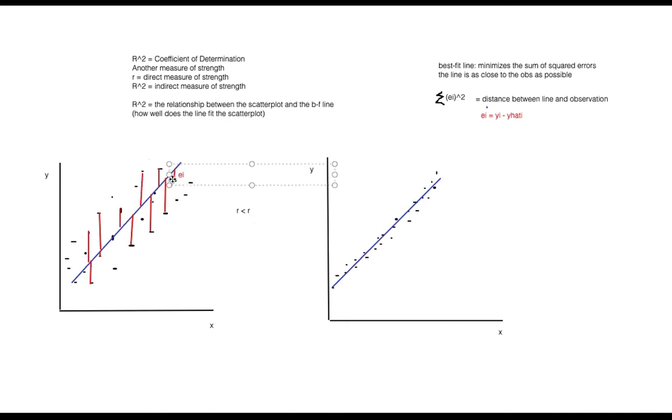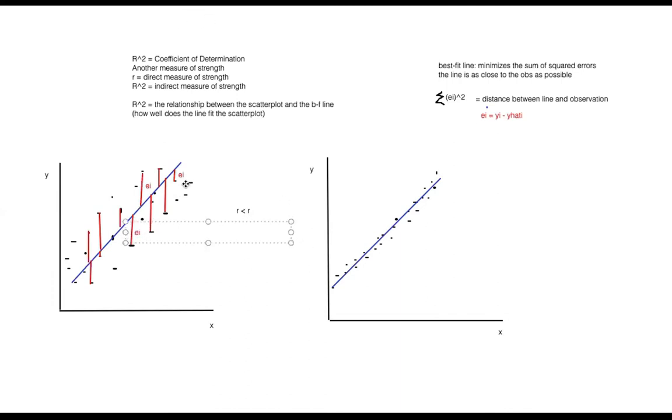For this particular observation, it's a negative e_i because it is below the line. And this is another e_i here for this observation right here, and it is a positive e_i because this observation is above the line, etc., etc. So all of these observations contribute an e_i value.